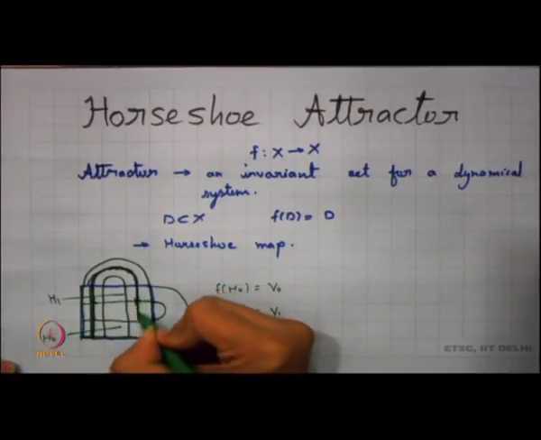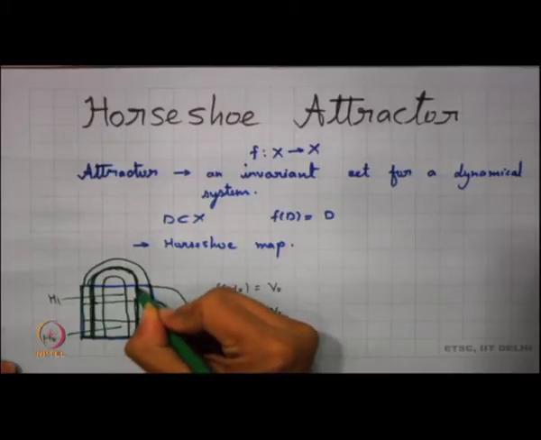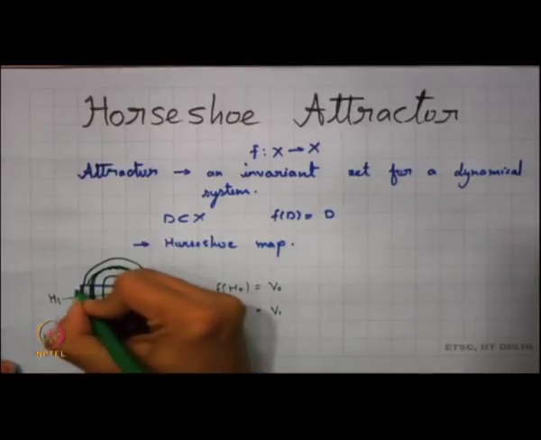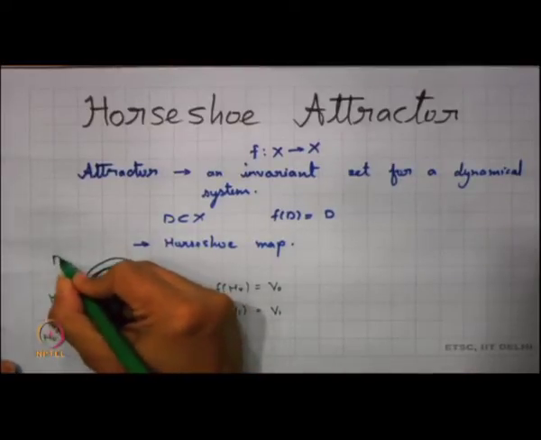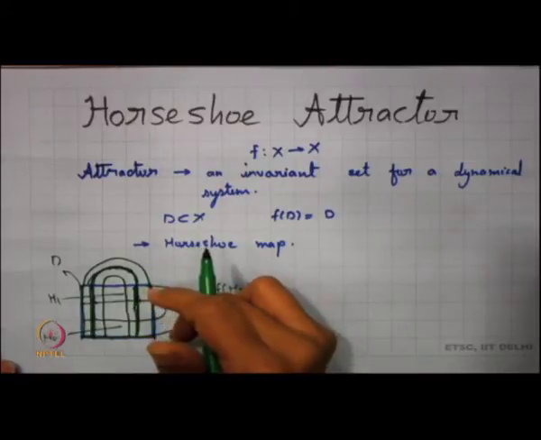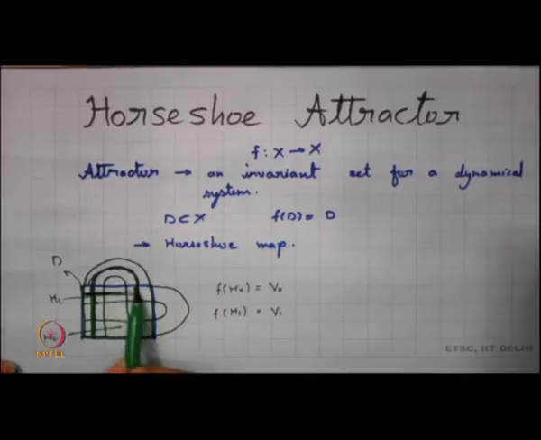So, the image of a vertical rectangle is two vertical rectangles in the plane D. This is what we call our D. So, in D a vertical rectangle is mapped to two distinct vertical rectangles, and similarly if you take a horizontal rectangle, then under f inverse it is mapped to two horizontal rectangles.